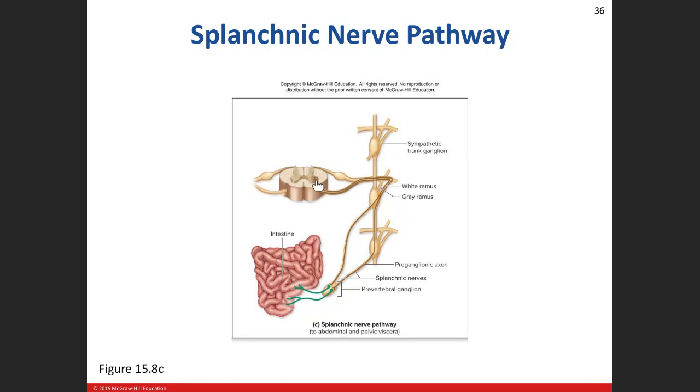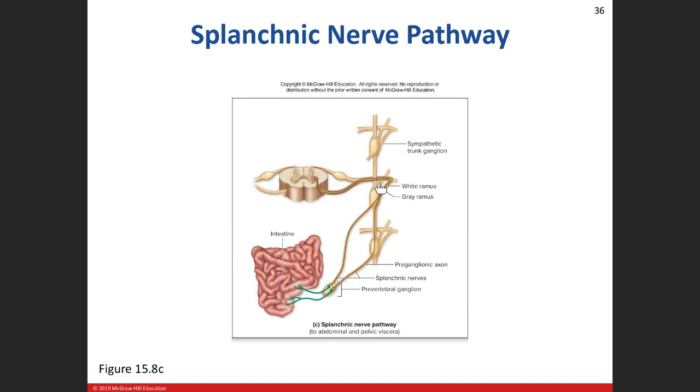Our preganglionic neuron exits out, same story. It's going to enter into the sympathetic trunk via the white ramus, like normal. That hasn't changed. But in this case, it's going to pass right through. Again, it can pass right through at the same level that it enters on, it can go down a level, or it can go up.